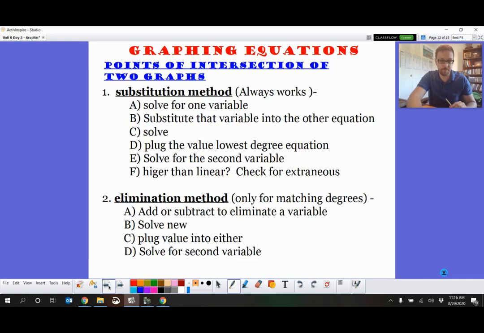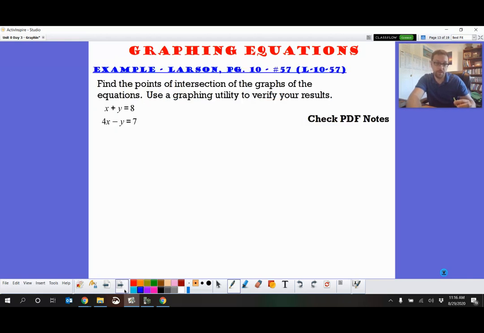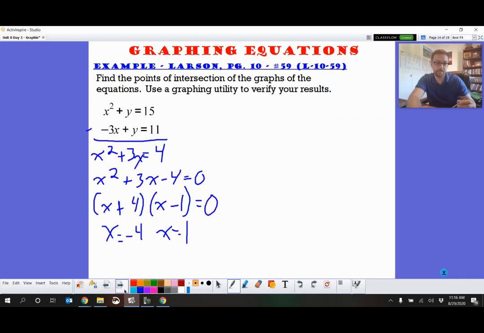So you can plug into either one. Yeah, plug into either one. If you're doing substitution, you need to plug it into the lower degree equation. So I'm going to do the easier one, so I'm going to do the bottom one. So I'll plug in that x.